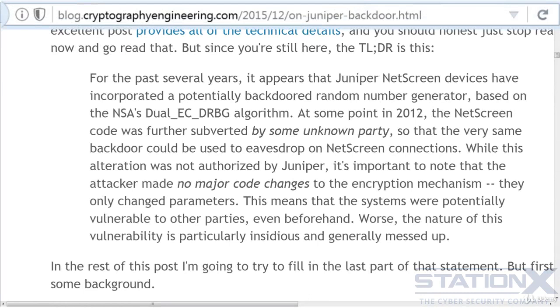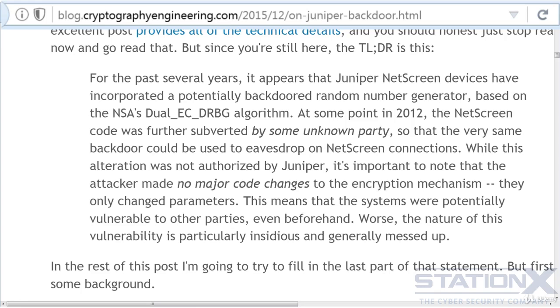Just the slightest deliberate or accidental change in code can create a vulnerability, and it can create a backdoor. I've got an example here of Juniper routers being backdoored, and I'll read a summary here by Matt Green, who was part of an investigation into this particularly sneaky backdoor.